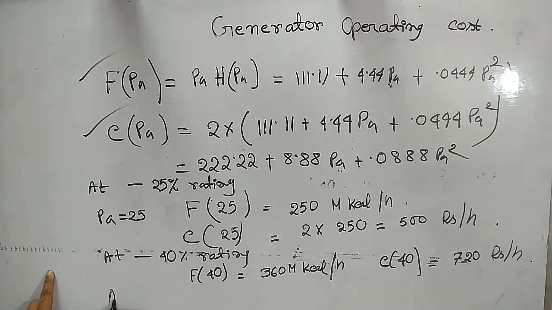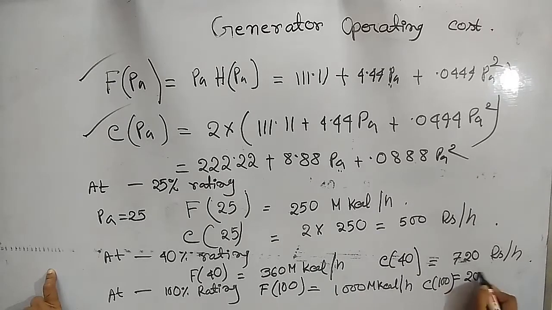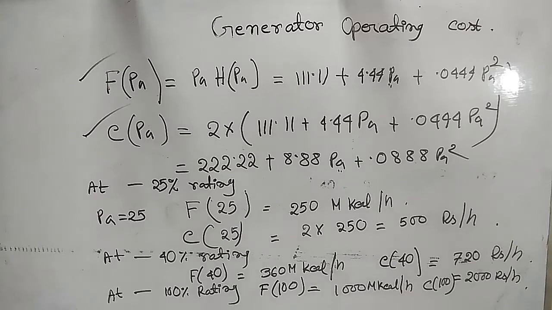Now at 100% rating, F100 is equals to 1000 mega kilocalorie per hour, and the cost of fuel is 2000 rupees per hour. Okay.